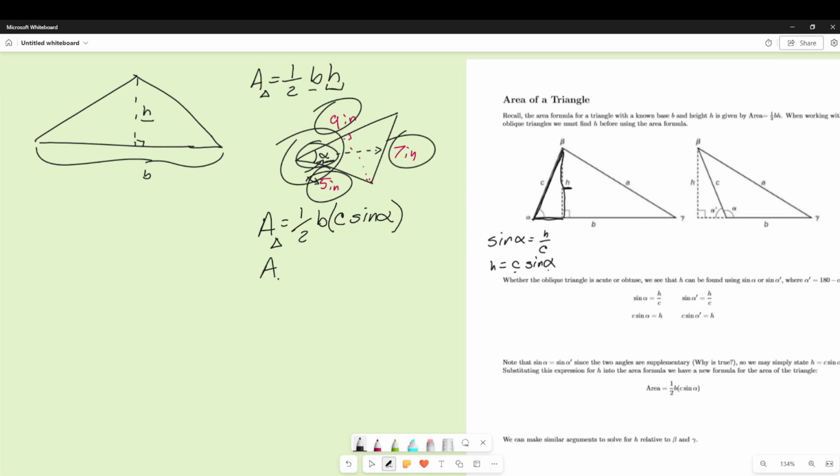You'll often see this area of a triangle formula written as 1/2 BC sine A, using the A's instead of the alphas.